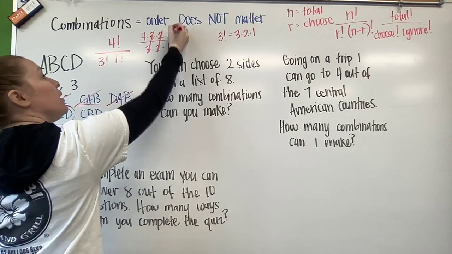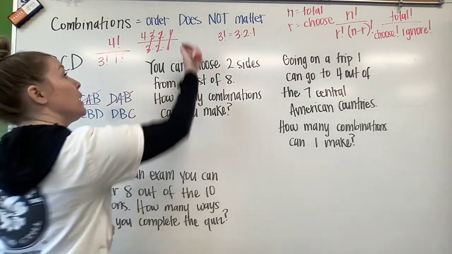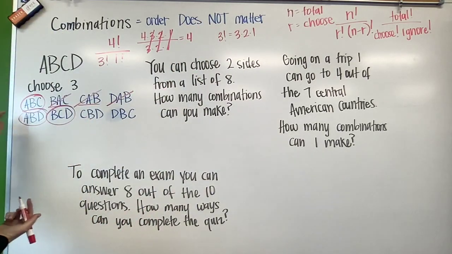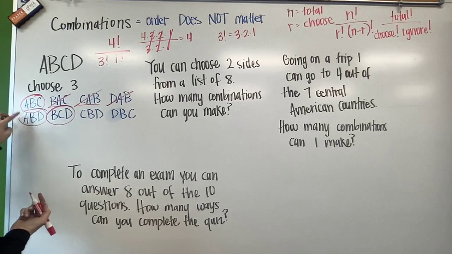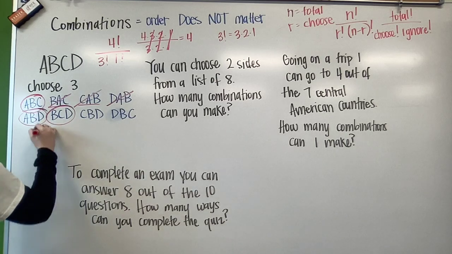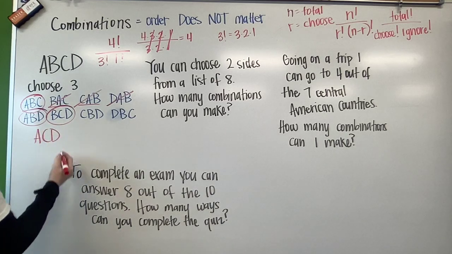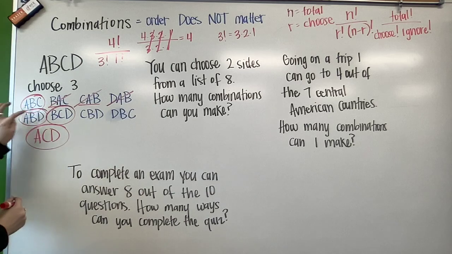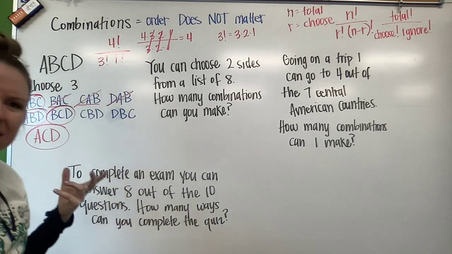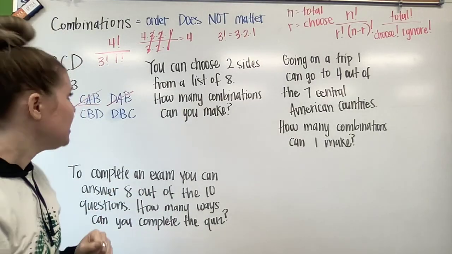And 1 divided by 1 also reduces to 1, leaving me with 4 total combinations. And I only have 1, 2, 3. I found it. We're missing A, C, D. Boom. 1, 2, 4 options. Does that make sense? Okay, let's try another one.